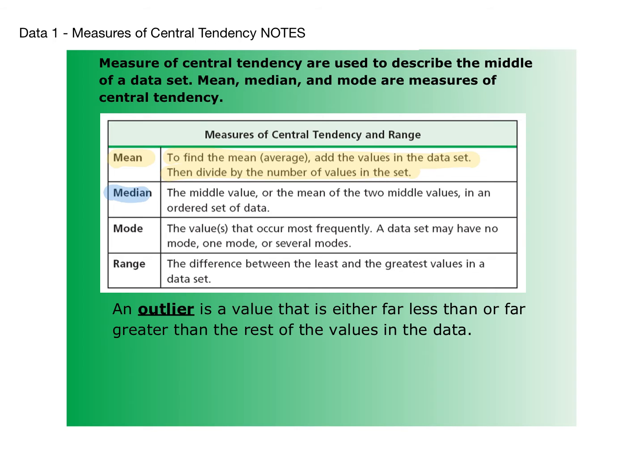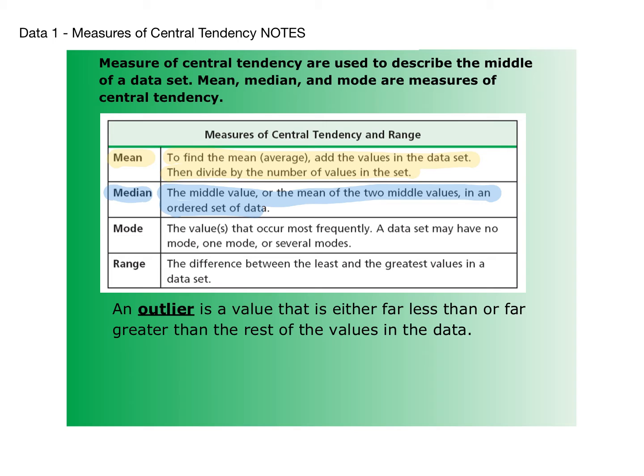The median is the middle value. That one is literally the middle value, but you have to put them in order first. That's the key. You can't just get the middle of them the way they're given to you. You need to put them in order from lowest to highest first, then find the middle number. If there's an even number of pieces of data and there are two middle numbers, you need to find the middle of the middle.